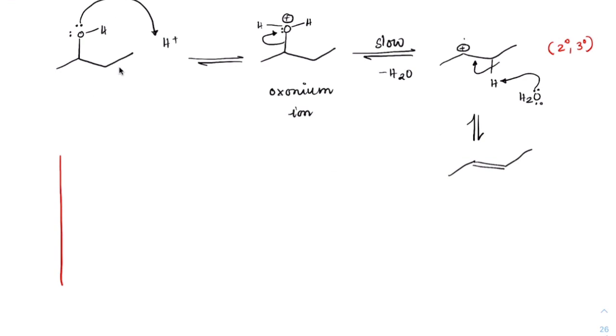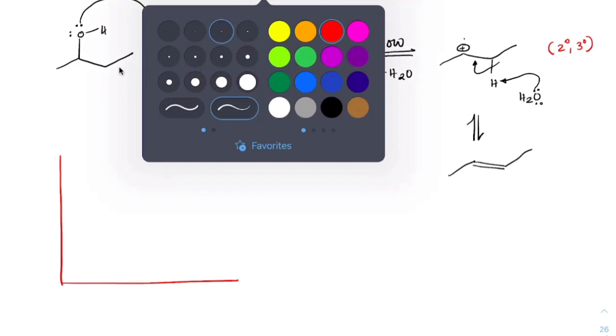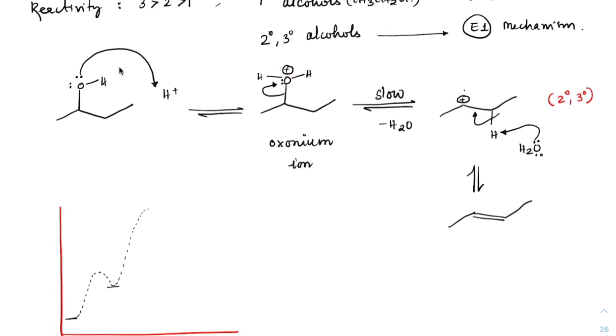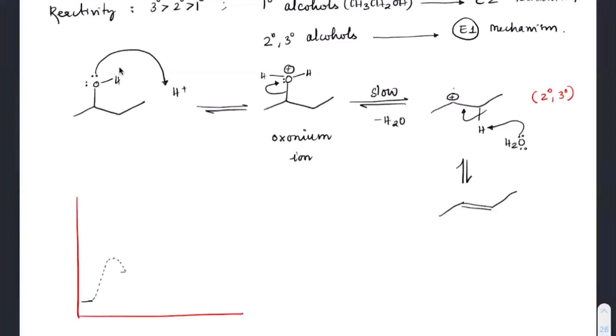And if you see the reaction progress curve, we started from here, alcohols. First it has reached an intermediate, which is the oxonium ion. Why is the oxonium ion coming down?